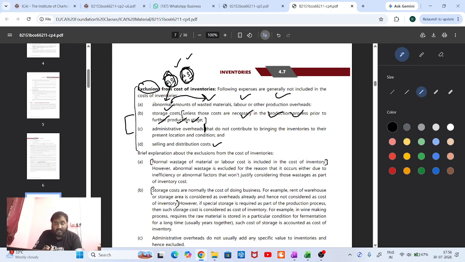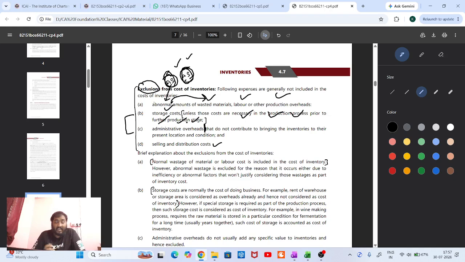If you are storing certain goods, basically it is work in progress, there are certain goods which require some time to dry up or to convert to something. For that process, if you store, you know there are cold storages, right?